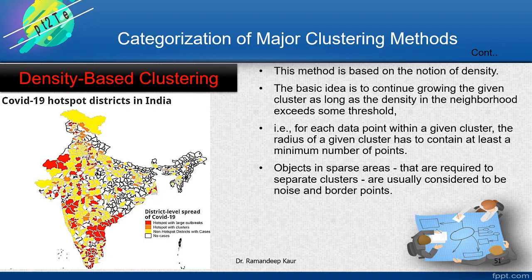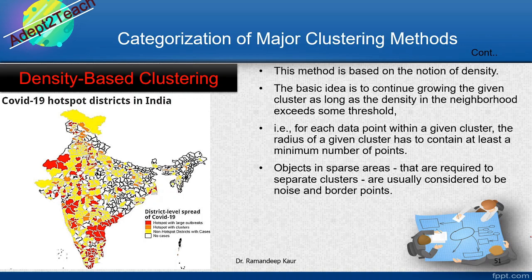For example, if we had to locate the hotspots in India when the level of COVID started increasing, or even nowadays when the level is increasing, what are the more prone areas, or what areas have to be put in quarantine? Wherever there was higher density and there were some cases, that area was kept as a quarantine zone or a restrictive zone.